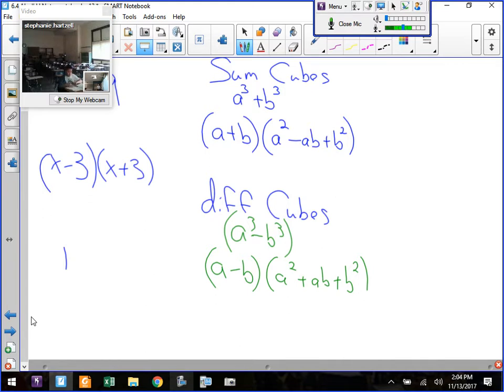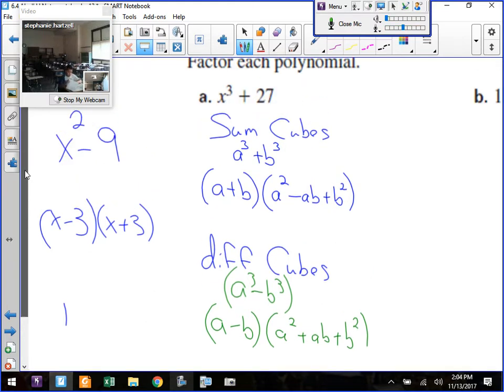So what's the value of a and b for x cubed plus 27? What's your a and what's your b? 3. Okay. It's x and 3. So this one works out to be x plus 3 times x squared minus 3x plus 9.